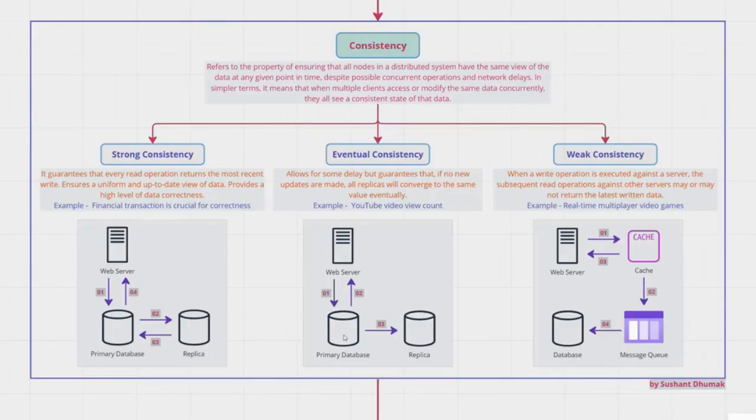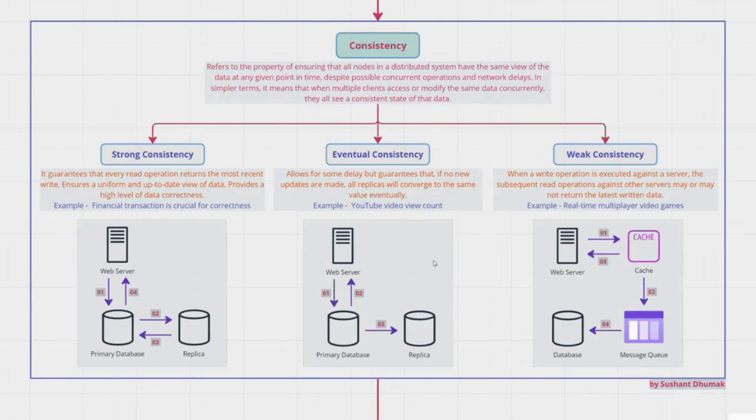It is written to the primary database. The primary database sends a response that yes, I got this information, and slowly it pushes that to the replicas. Whenever all the replicas are updated and the count reads that information from the replicas, then it gets updated. And it is not that important for users.